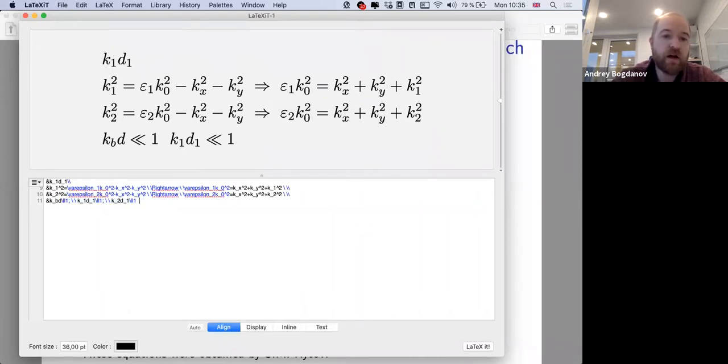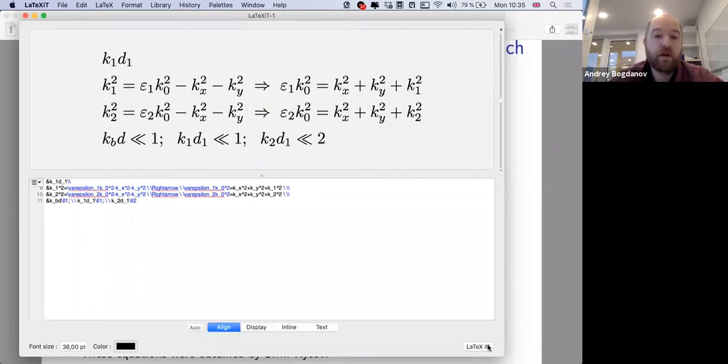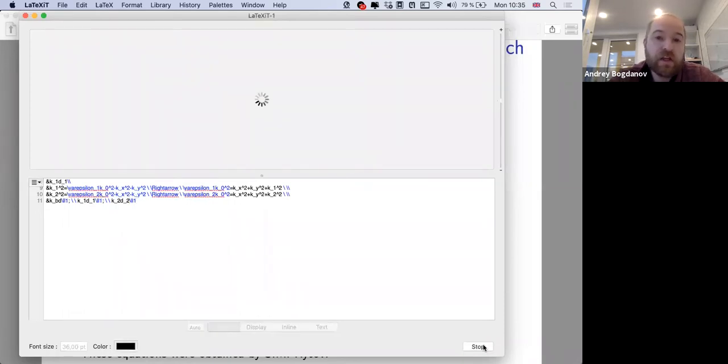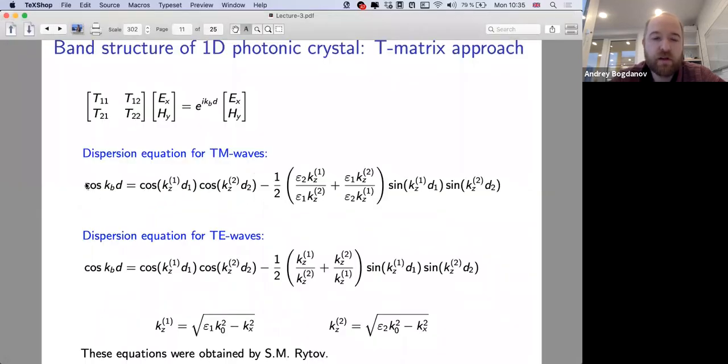This is our assumption. So if k1 d1 is much less than 1 and k2 d2 is much less than 1, we can expand the cosine and the sine into series.